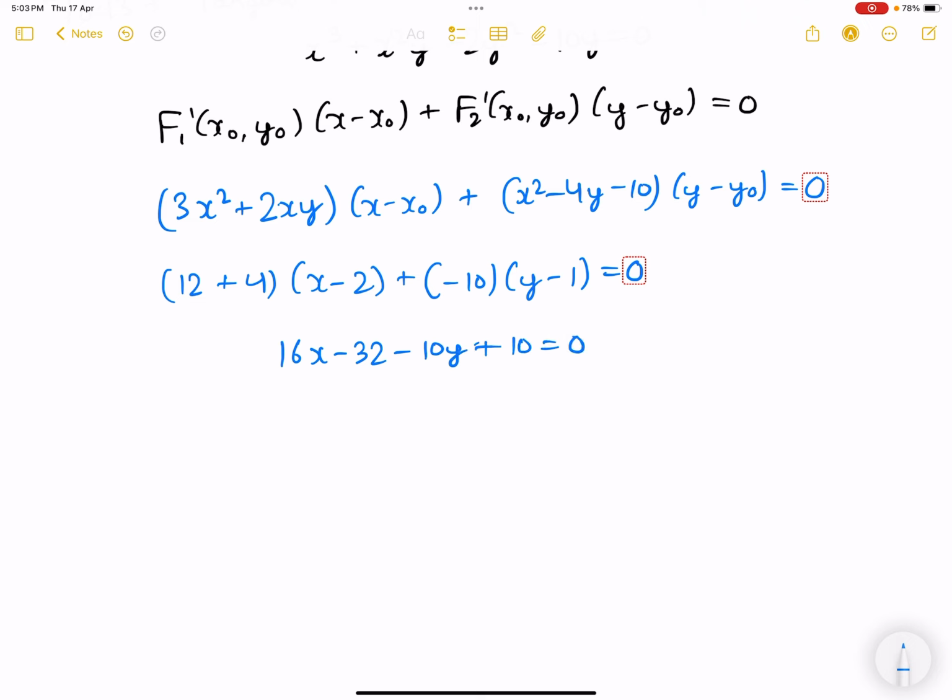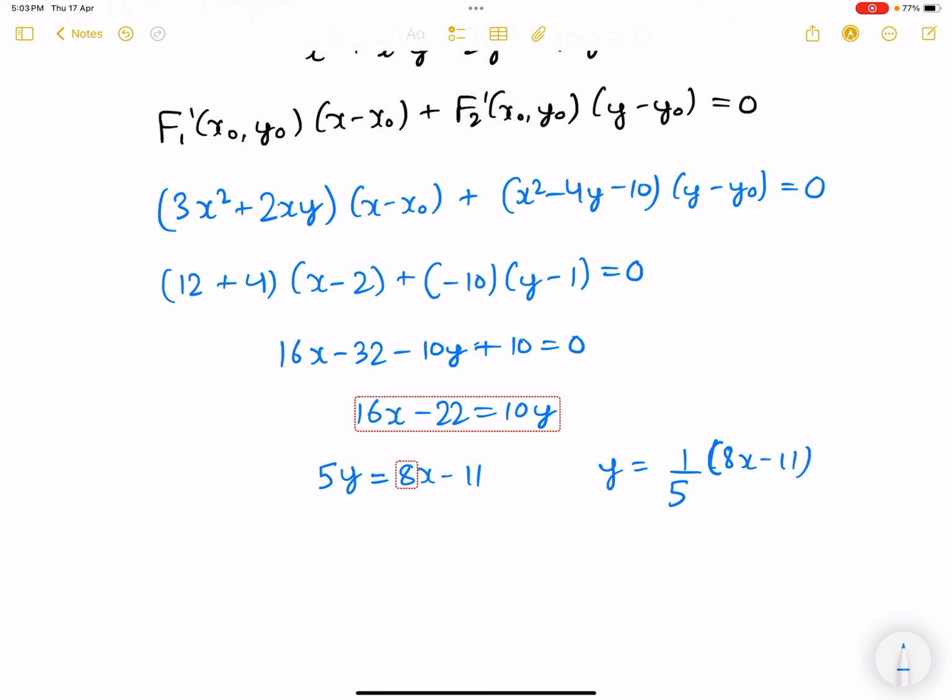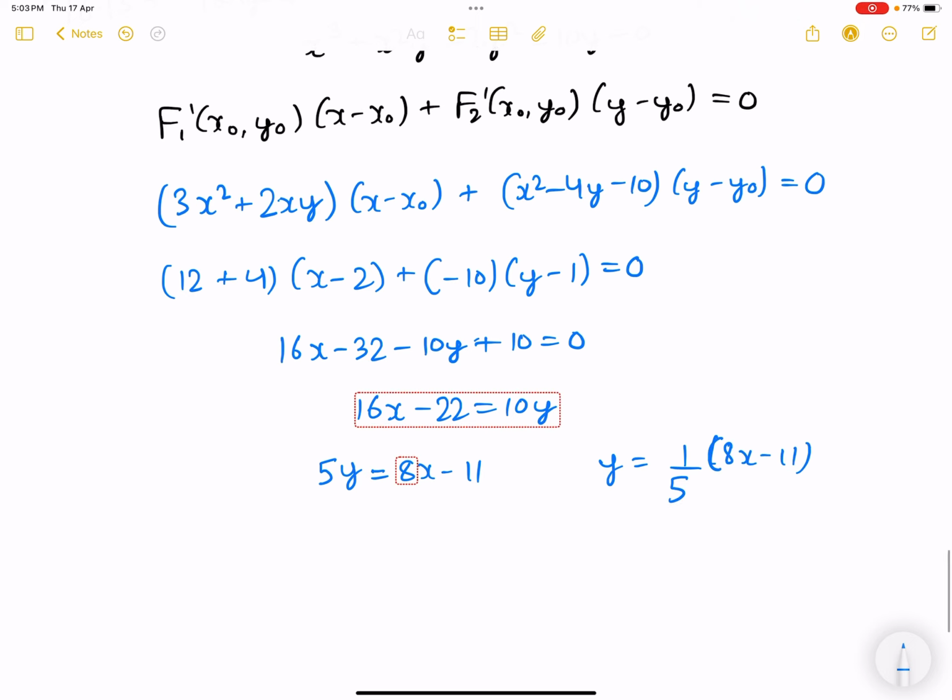So this becomes 16x minus 22 equals 10y. So y equals 1 by 5 times (8x minus 11). This is what we saw before as well, right?